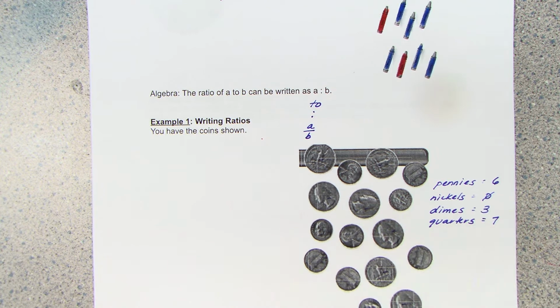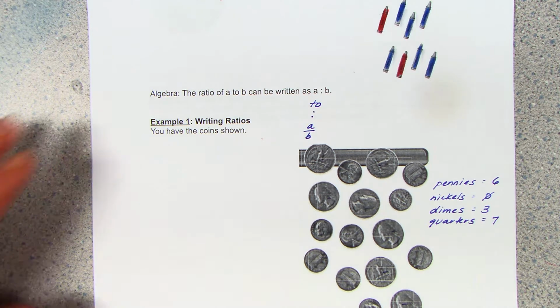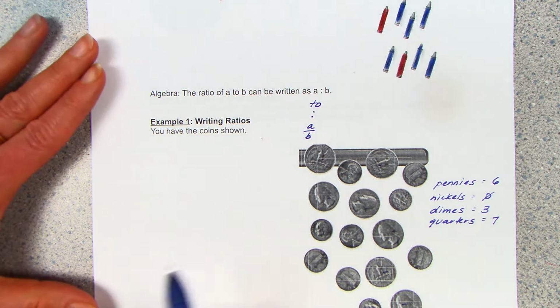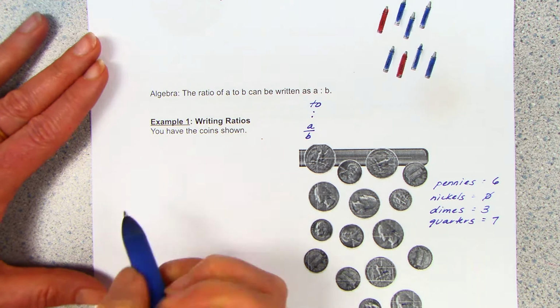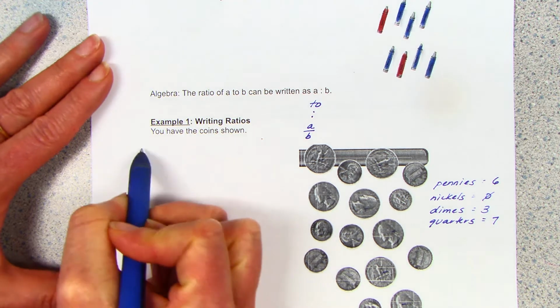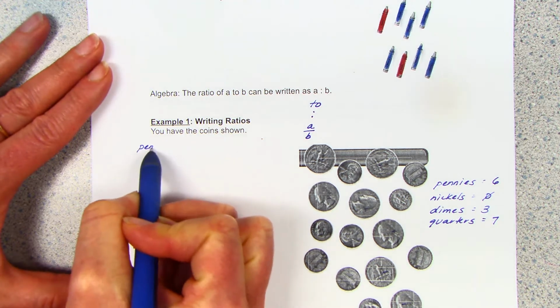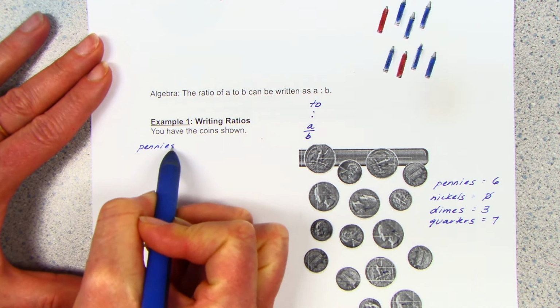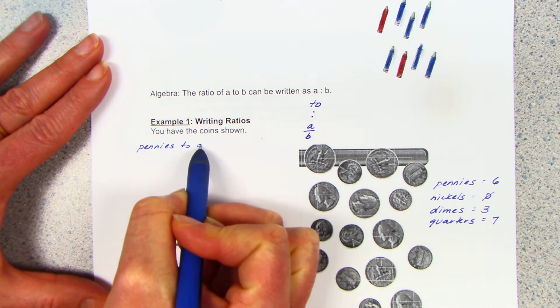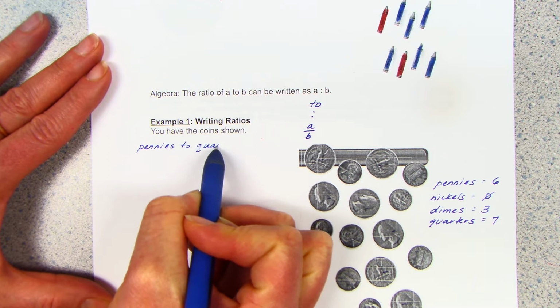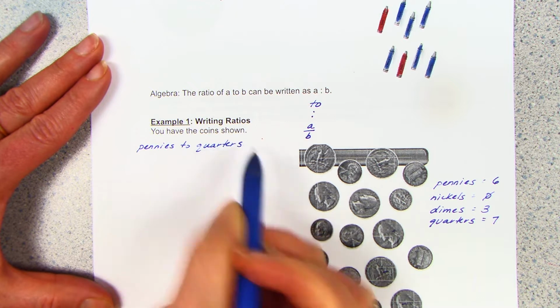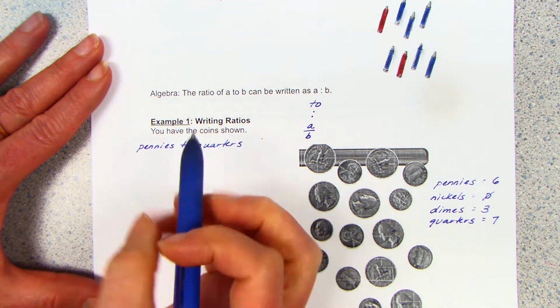All right, so there'll be a little cheat sheet over to this side. So some different things that you could write down. We could compare the number of pennies to quarters. So we could write that two different ways.